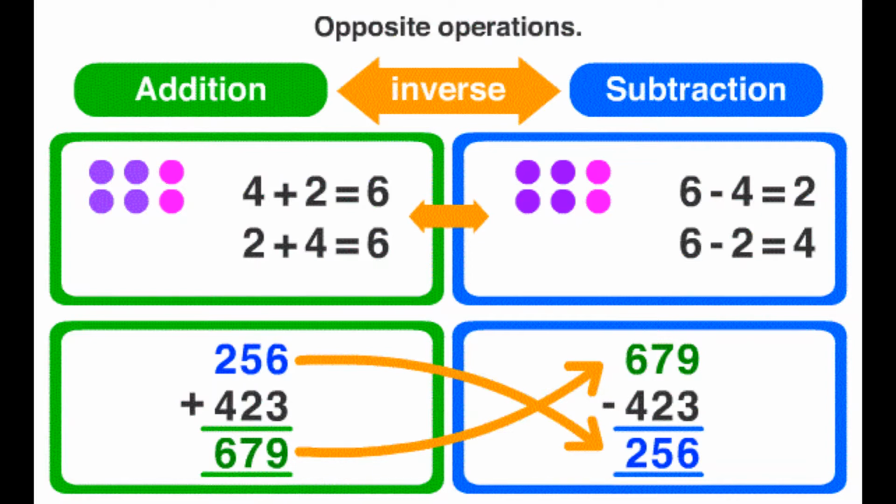You can also see this in the example with a much bigger addition problem, where we are adding 3-digit numbers, the total being 679. But if I subtract 423, I will return to 256. It is the opposite, the inverse.